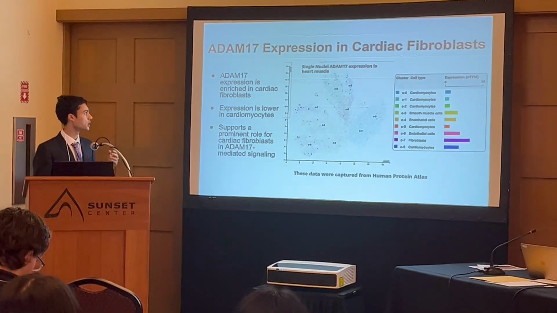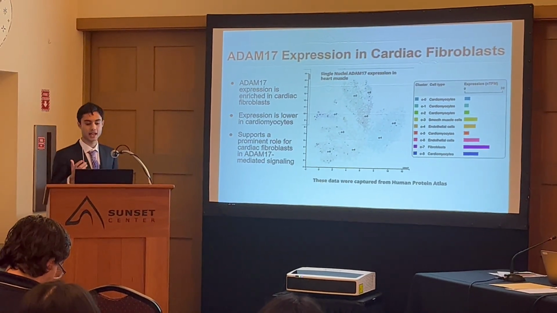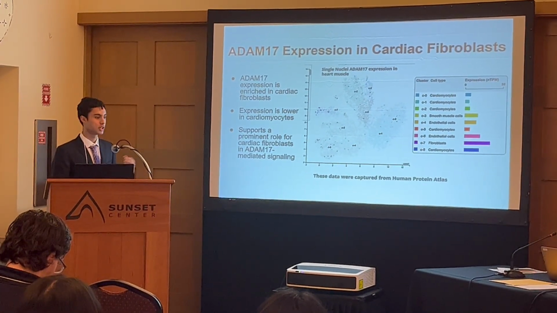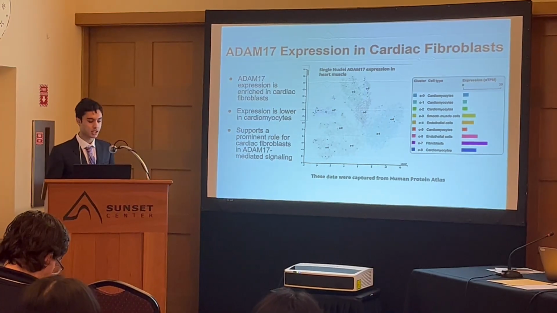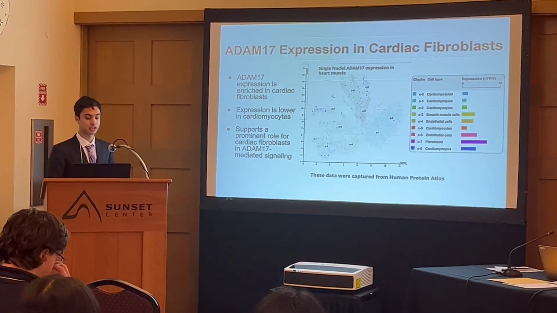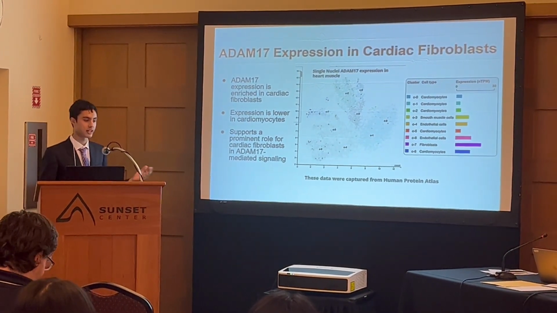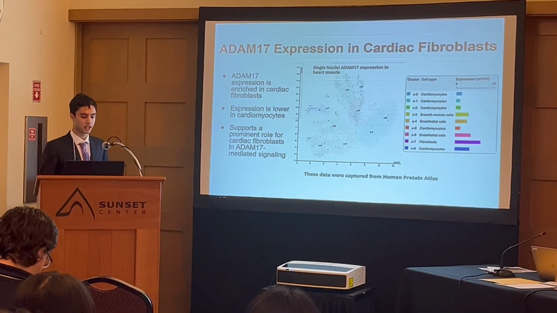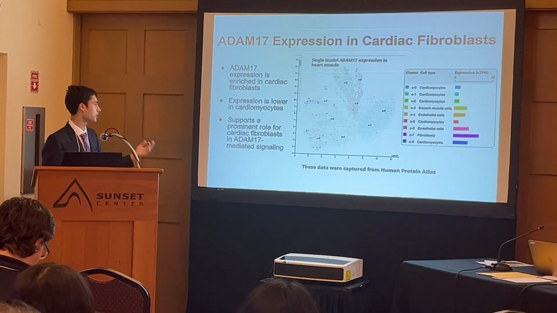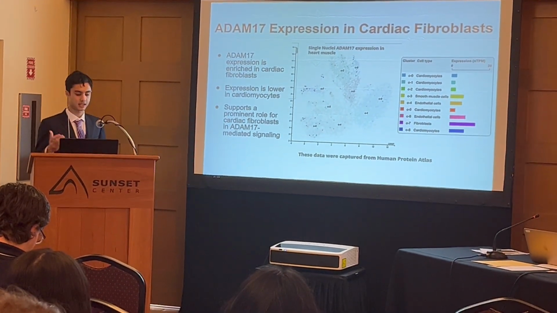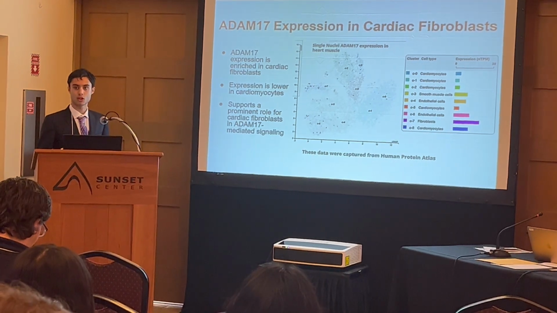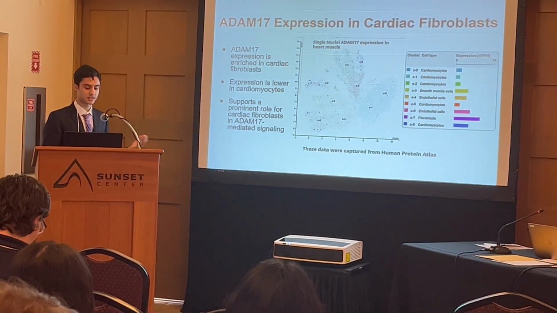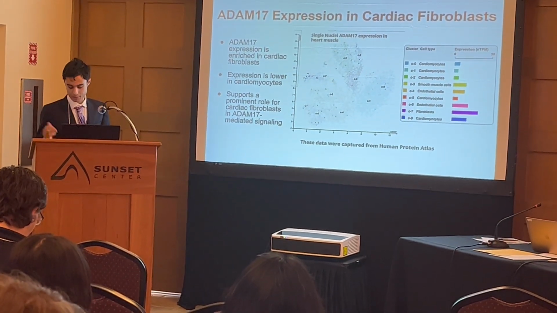To do that, we obtained single nuclei ADAM17 expression levels in heart muscle cells. We saw that ADAM17 expression is exceptionally enriched in cardiac fibroblasts. This was in contrast to other heart cells like cardiomyocytes. This suggests that there is some prominent role of ADAM17 and its mediated signaling in cardiac fibroblasts.